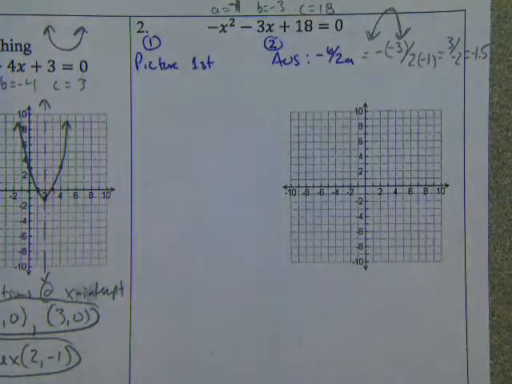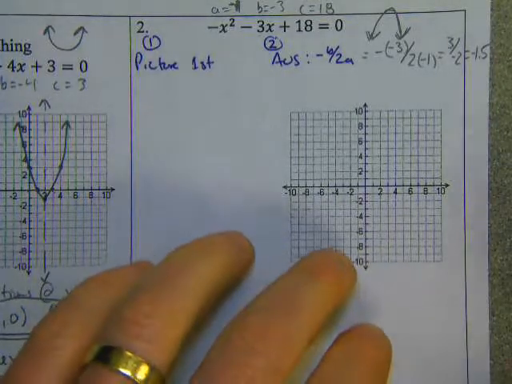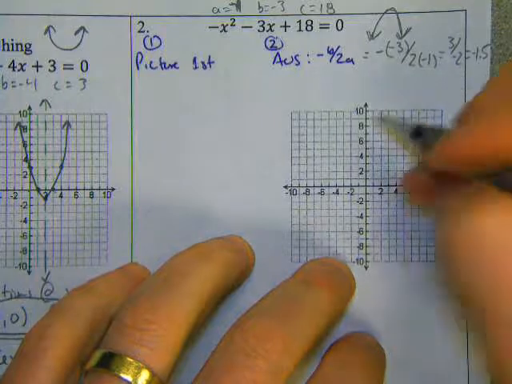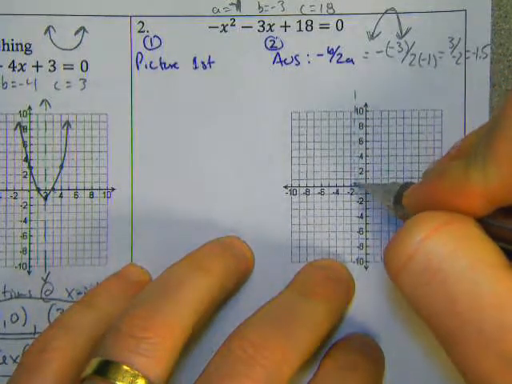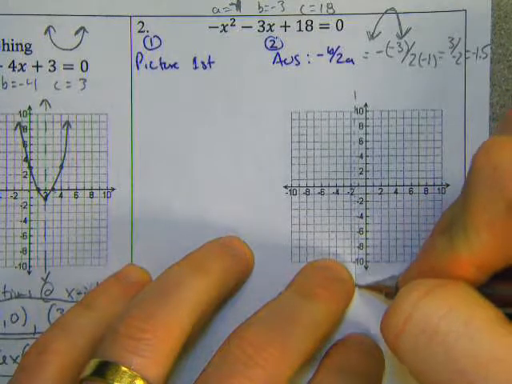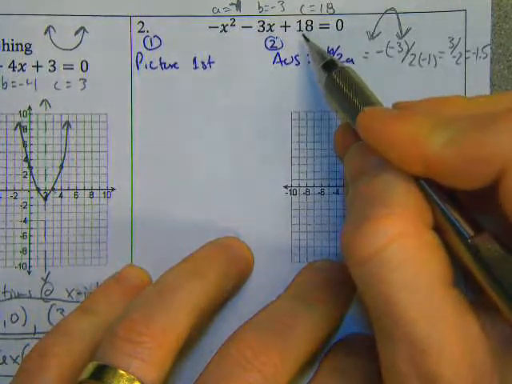Alright, so from there I went and got a picture. I graphed this -1.5 right here, and I used some information.